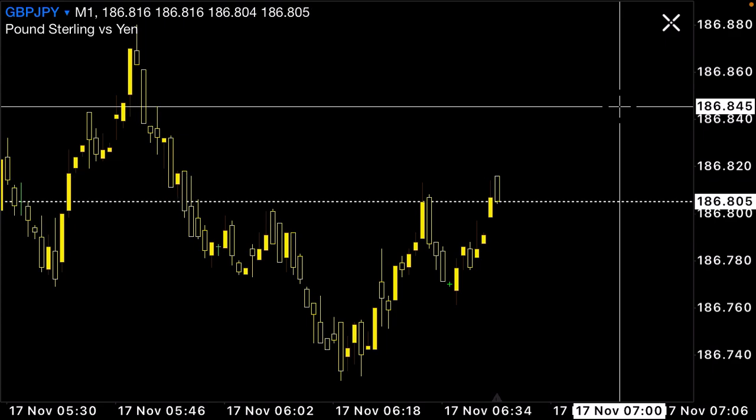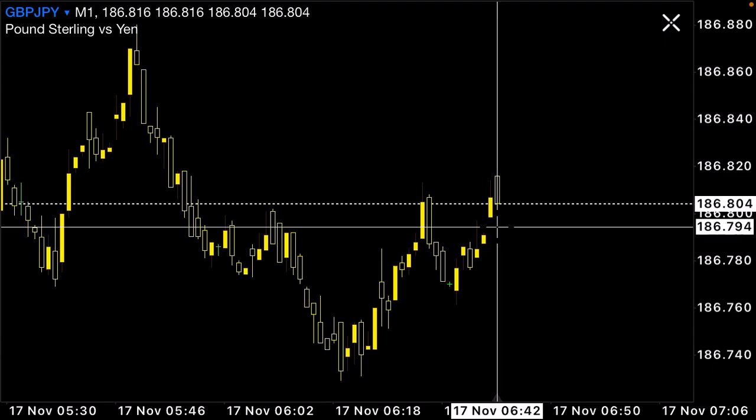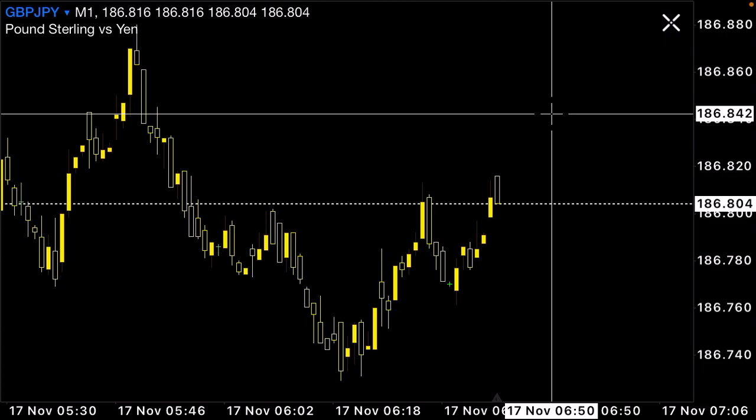So there it closed, and that would be the anticipation right there. And sometimes just wait for the second candle to close and then place the trade.